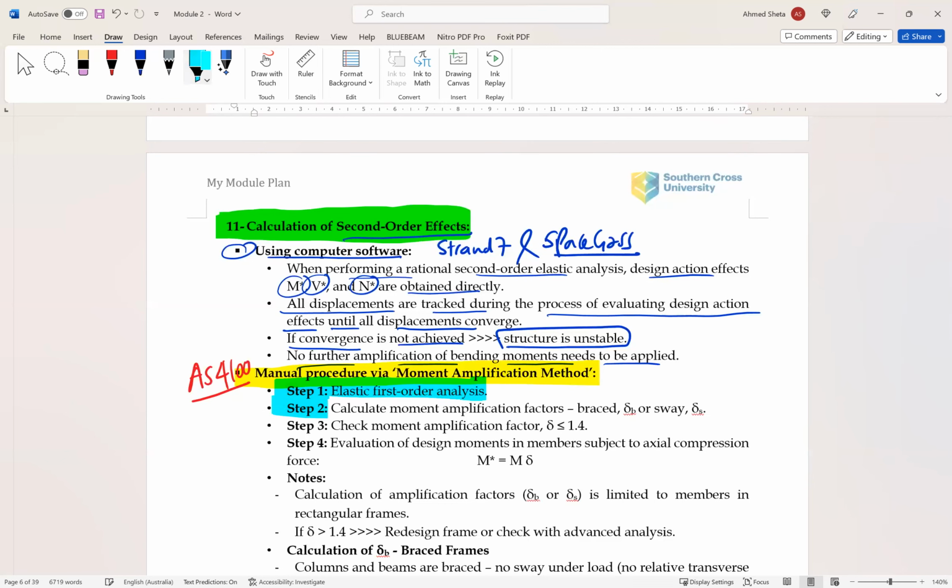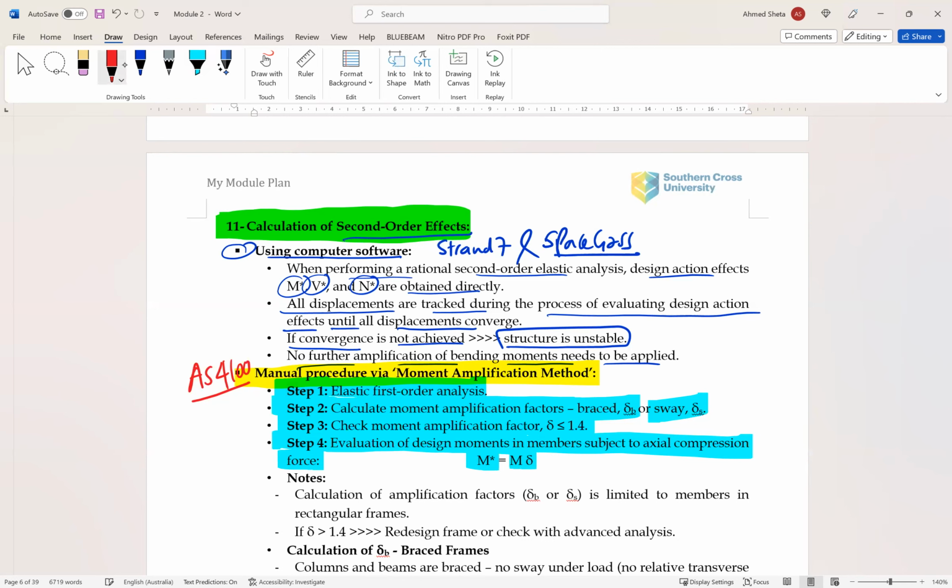Step 2 is the calculation of moment amplification factors for braced, delta B, and for sway, delta S. Step 3, check that moment amplification factors need to be less than 1.4. Step 4, evaluation of design moments in members subject to axial compression forces: M star equals M by delta.